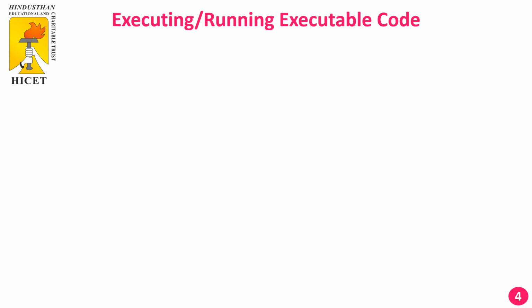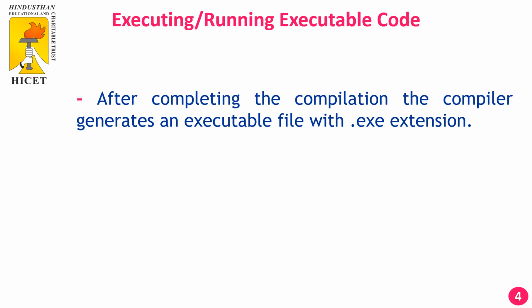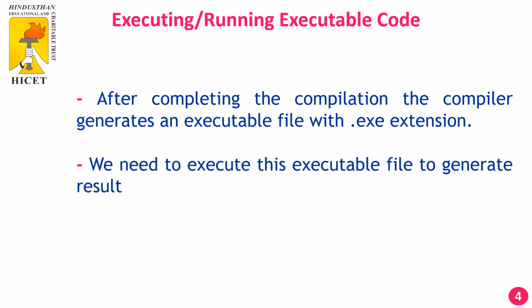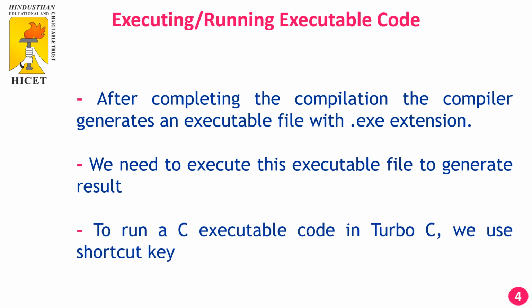After this compilation process, the next step in our execution is running the executable code. Once the compilation process is over, the compiler will generate an executable file called the .exe file. We need to execute this file to generate the result.